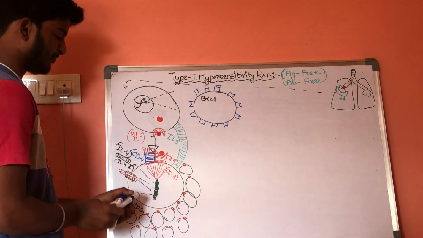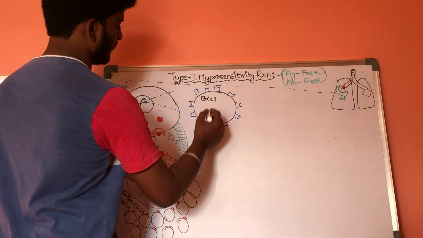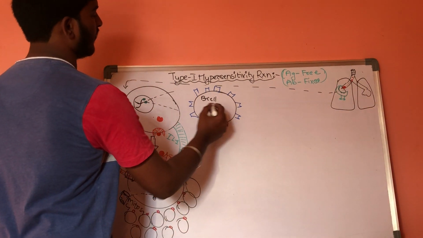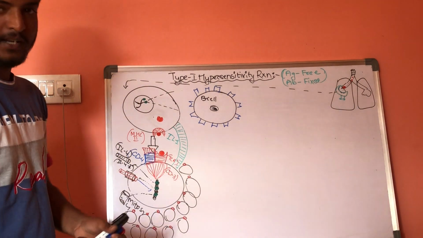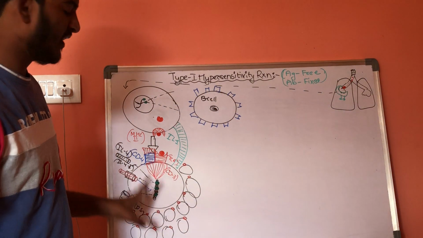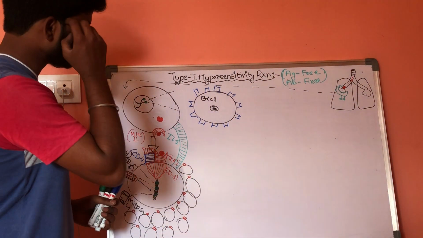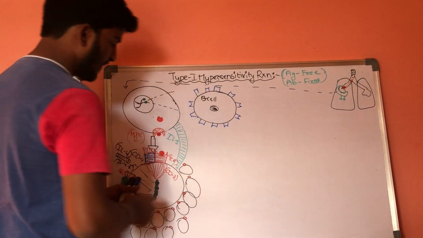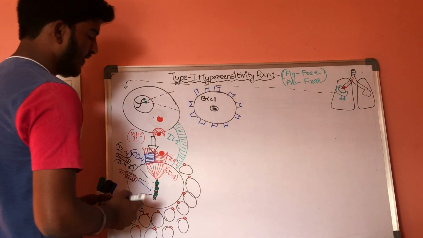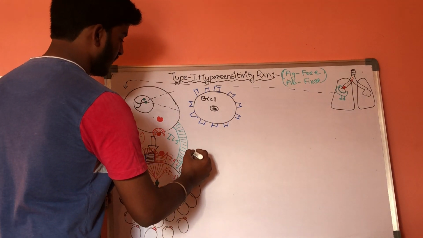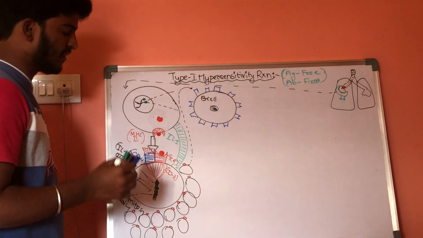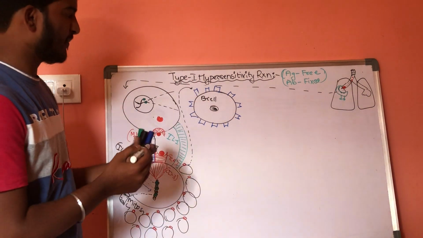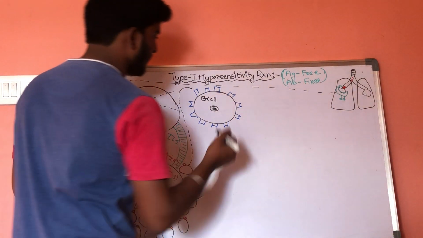Now, whenever the mitosis of these T helper cells is done, it will increase their number. Now, these T helper cells will release a special kind of protein which will get bound to the B cell receptors.